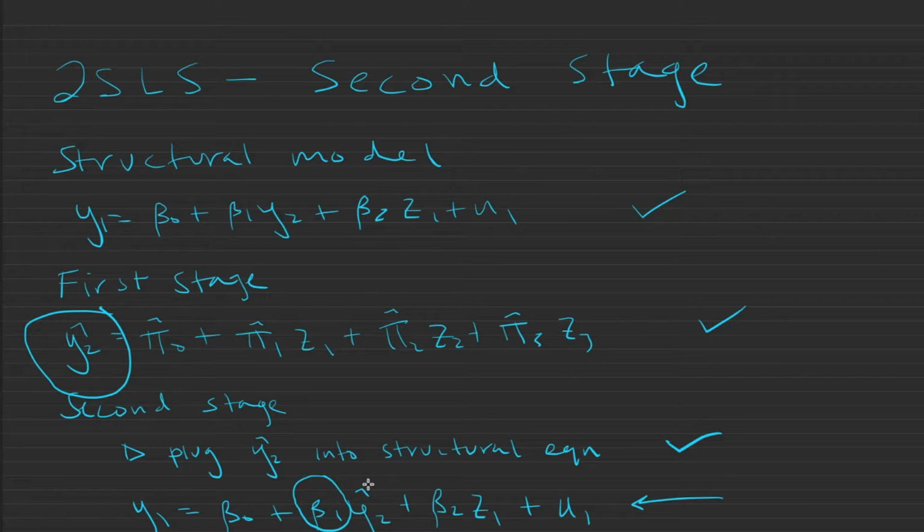So what we're doing is using the version of y2 where the correlation of y2 with u1 has been purged by keeping only the part of y2 that is exogenous to u1 as a function of the exogenous instruments in this second stage.